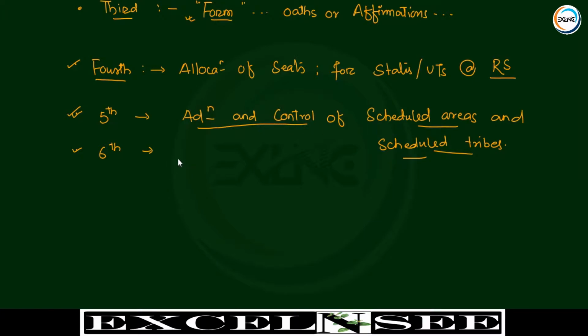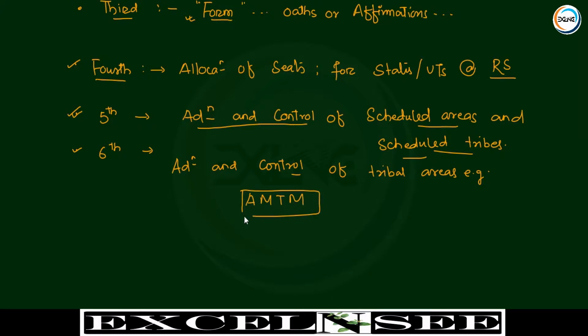Administration and control of tribal areas. ट्राइबल एरियाज कौन से? 4 हैं, ट्रिक है, AMTM. ठीक है, असम, मेघालय, मिजोरम एंड त्रिपुरा.